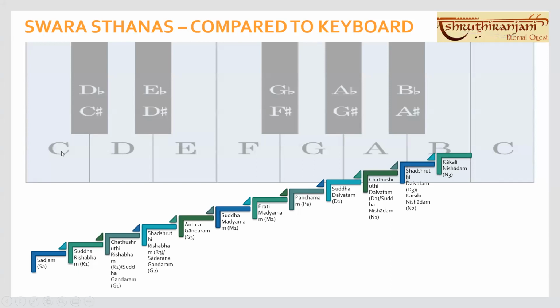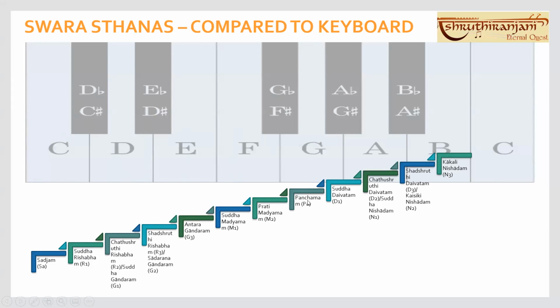And this is Shadjama. C is your Shadjama. And this black note is the Shuddha Rishabha. And this is your Chatushruti Rishabha. And again, the black note here is Shatshruti Rishabha or Sadharana Gandhara. And this is Antara Gandhara. This is Shuddha Madhyama, Prati Madhyama, Panchama.